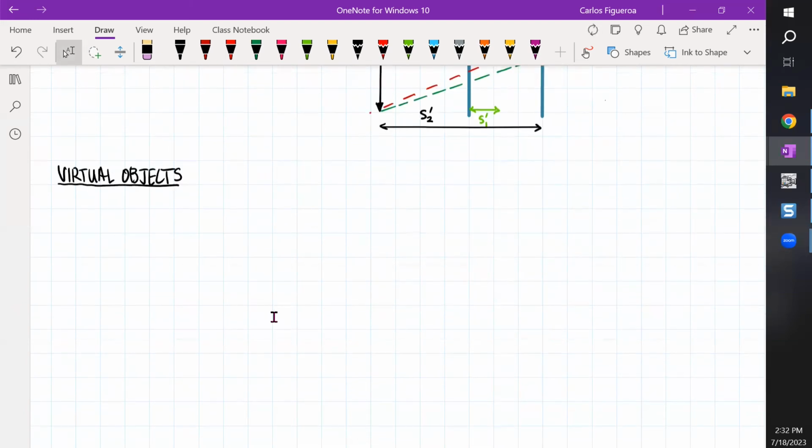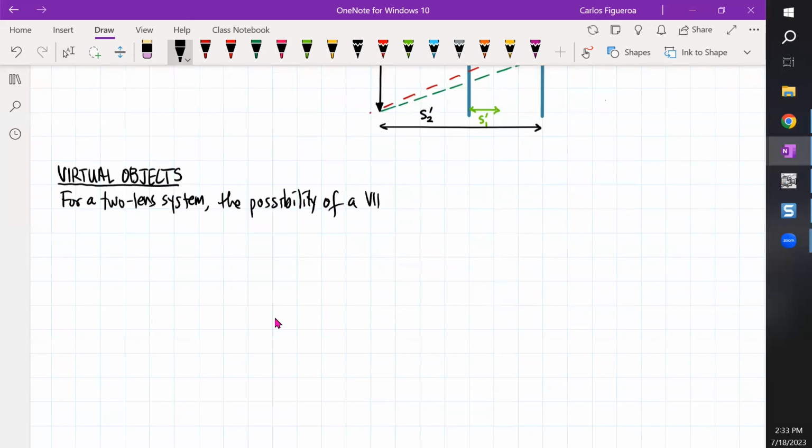So as we already stated, real objects always occur for a single lens. For a two-lens system, the possibility of a virtual object occurs.